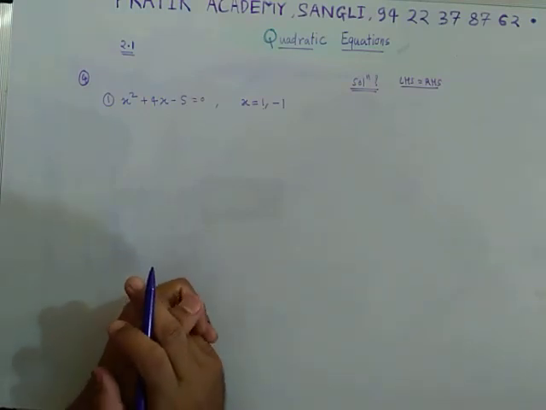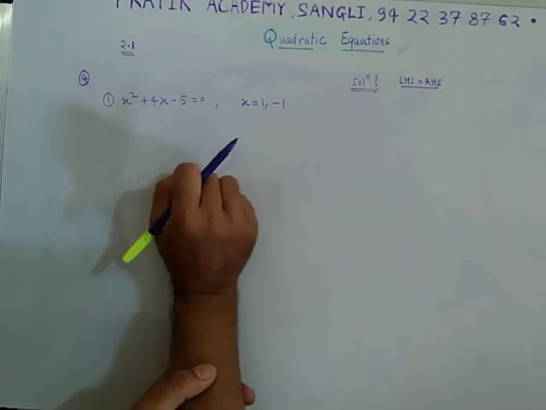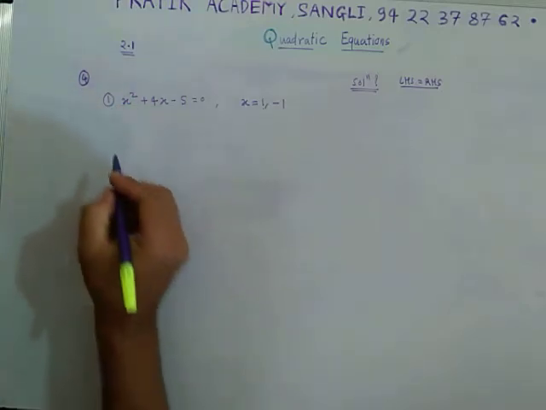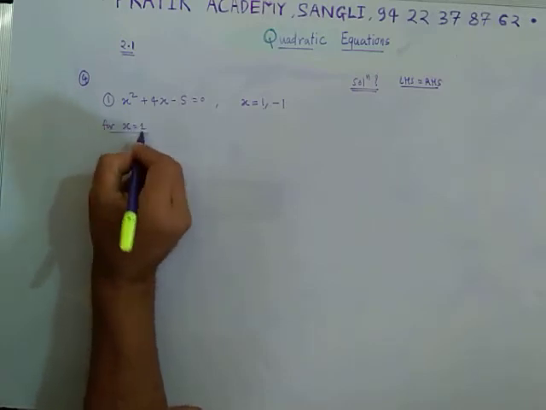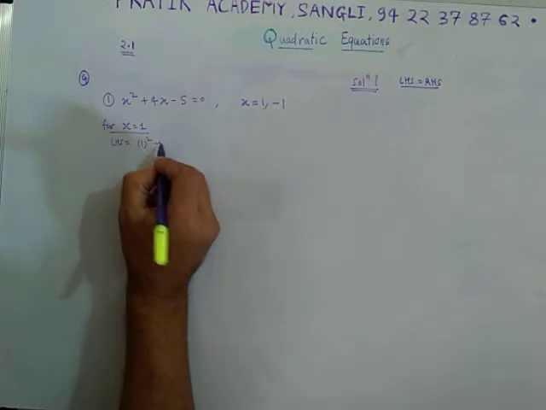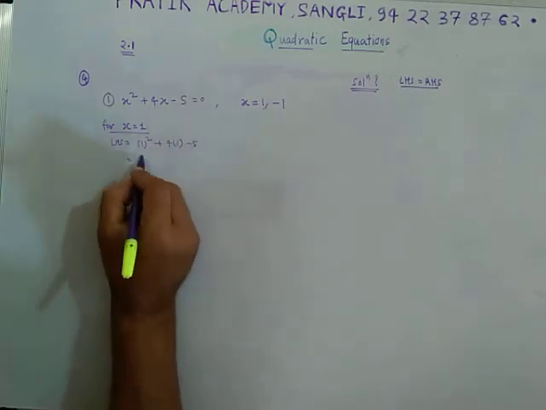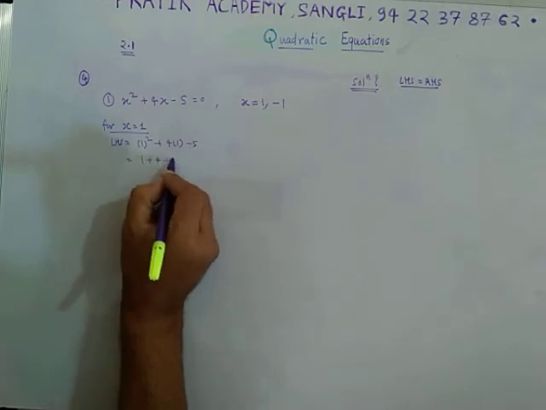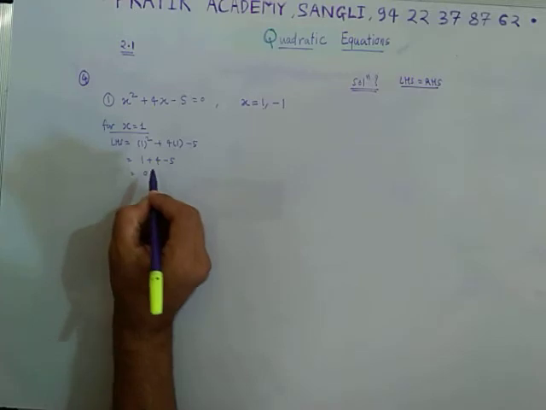As we have discussed in an earlier video, a solution means the value of the variable for which LHS becomes RHS. So for that purpose, initially take x = 1 as the value and put it in the LHS. For x = 1, LHS will be 1² + 4 × 1 − 5, that is 1 + 4 − 5, 1 + 4 is 5, 5 − 5 is 0.